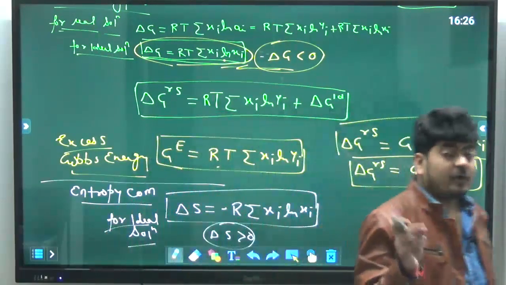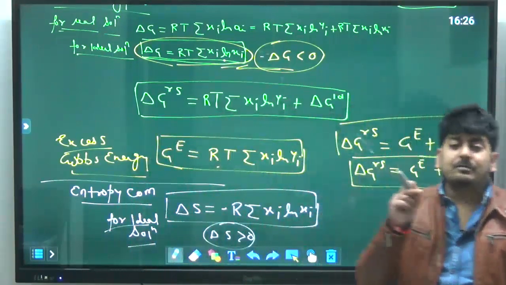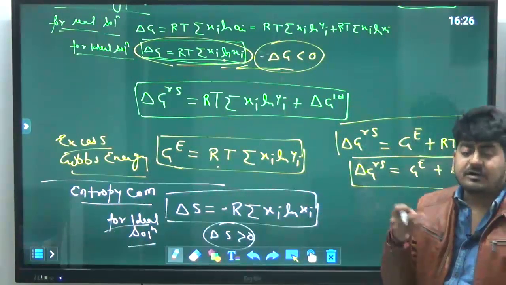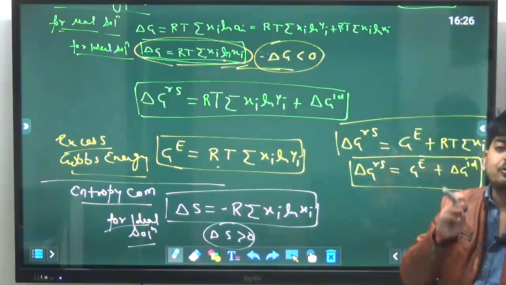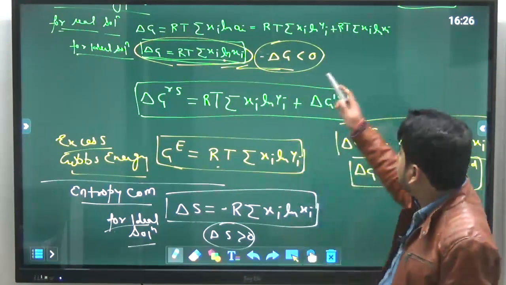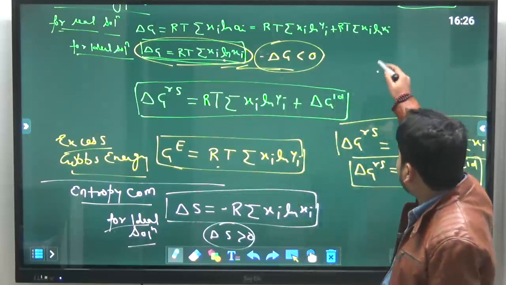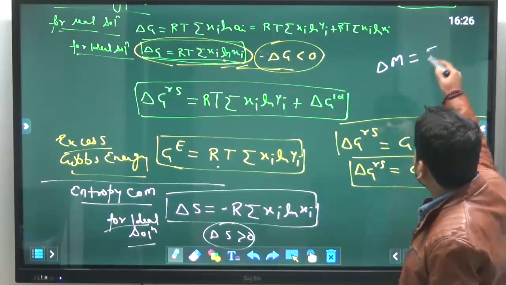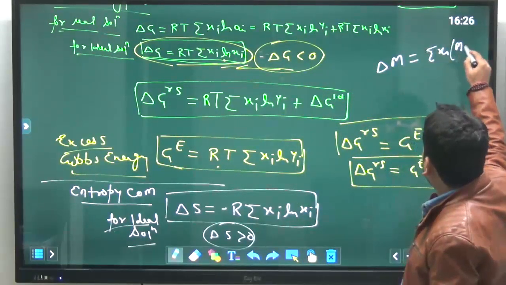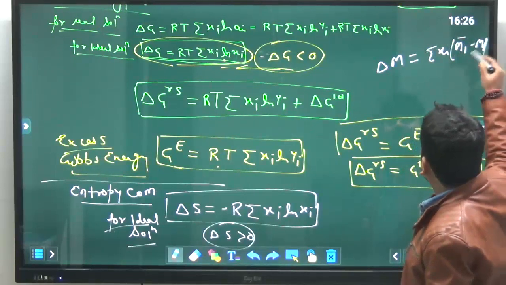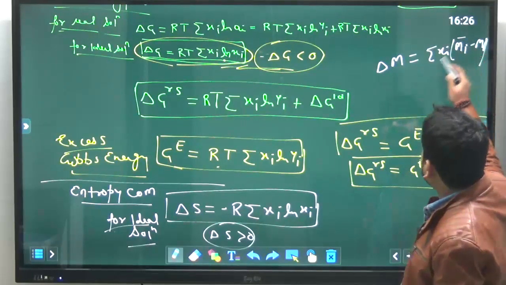This is all about the property change of mixing that we have to understand. And one more thing you should know: what is property change of mixing? Property change of mixing is defined or calculated based on the composition of the components. As you can see, everywhere we wrote delta M is equal to summation of xi (mi bar minus mi).